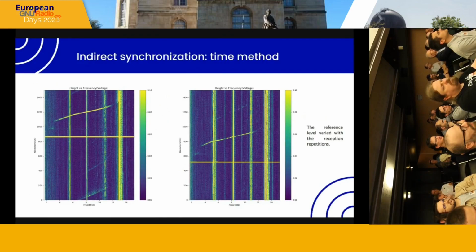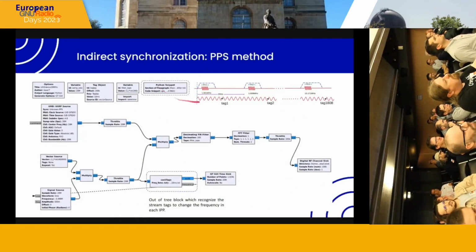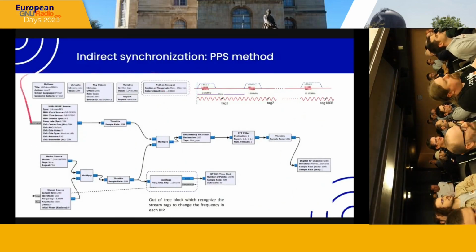So as it was not correct, we implemented a third type of synchronization. It's known as the PPS method. This is the flow graph that we have used, but in this opportunity, we are not using message passing. We are using tags. What is the idea of tags? When we recognize the tag, we can change to the other frequency.